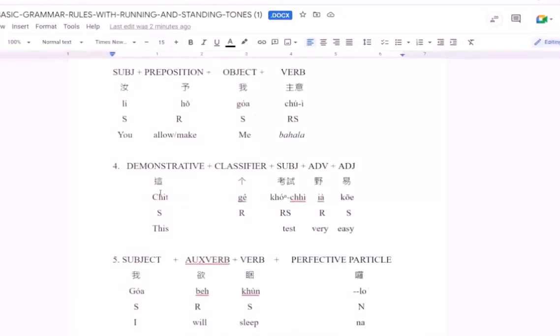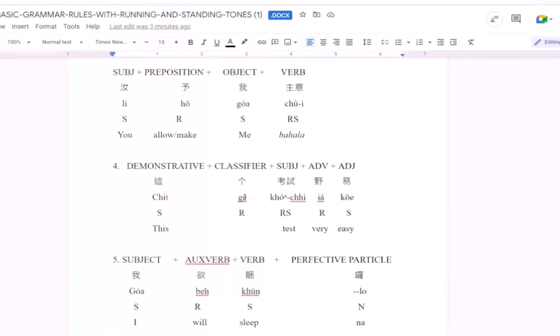Okay. And next we have a sentence meaning this test is very easy. And now, what we want to show that this is different from English is that there's an involvement of a classifier, which you cannot say without it.